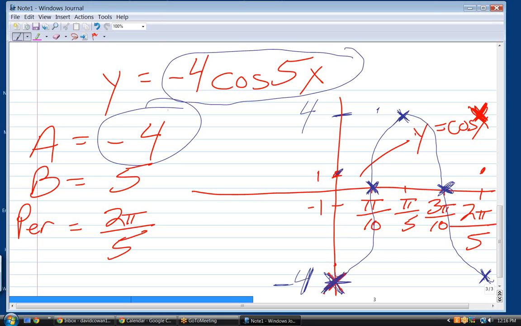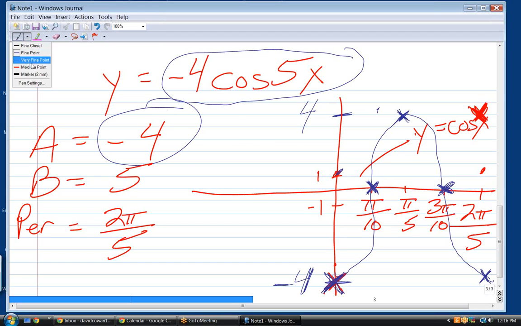So I think you can begin to see that the most important thing with doing these is knowing what the original curve looks like, what sine of x looks like, and what cosine of x looks like. And then all we're doing is adjusting those curves. We're either adjusting the amplitude or we're adjusting the period.